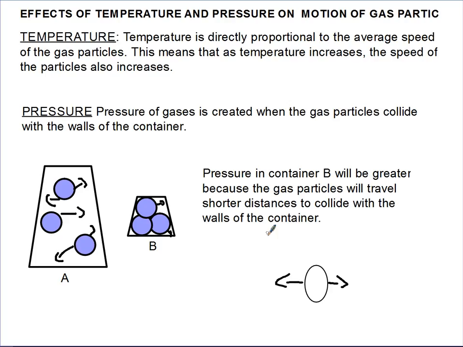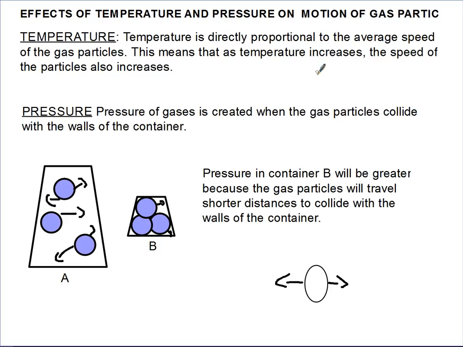If you want to reduce the pressure, you increase the volume. Okay, so pressure and volume are inversely proportional. Now when we say inversely proportional, it means that as pressure is increasing, volume also has to decrease. As volume is increasing, pressure has to decrease.